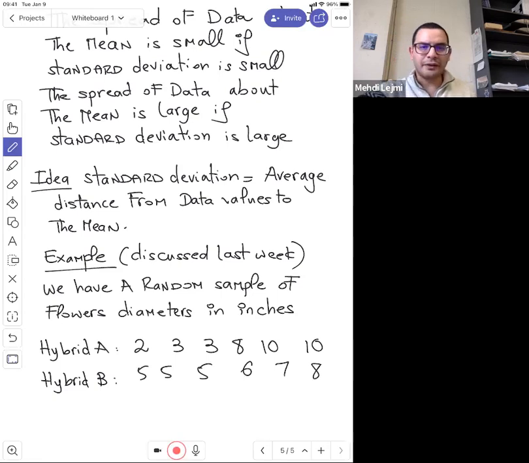Then we computed the standard deviation of both hybrids.